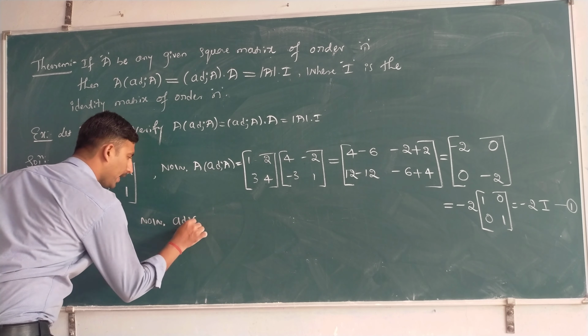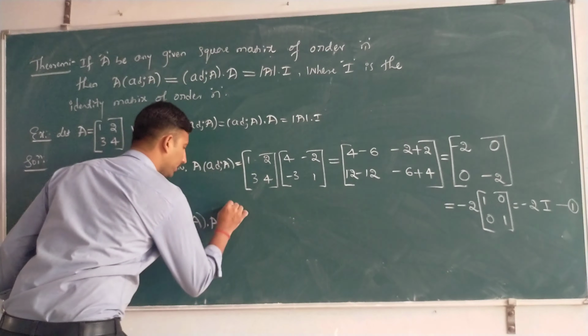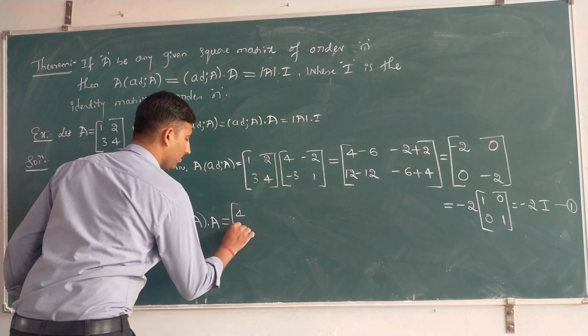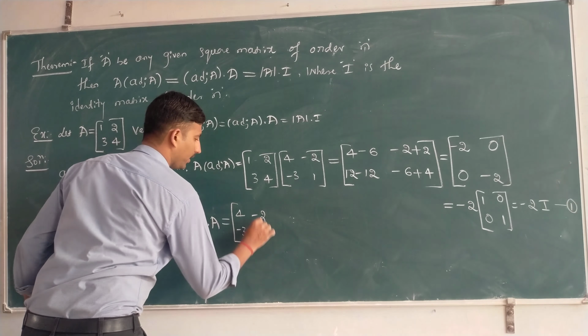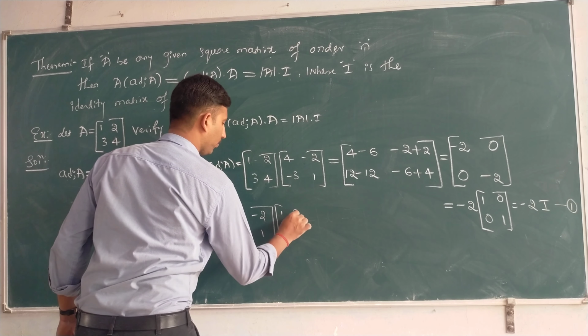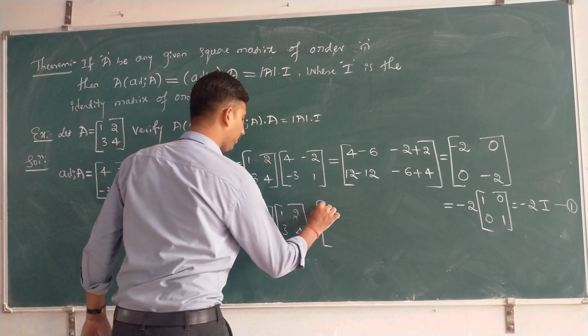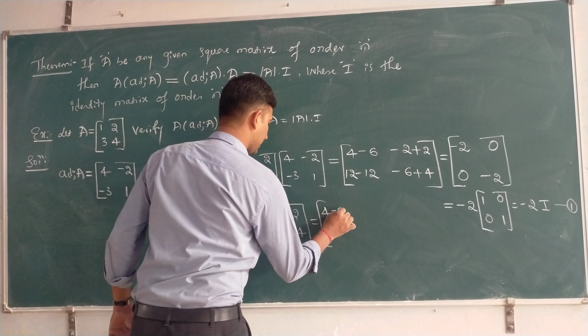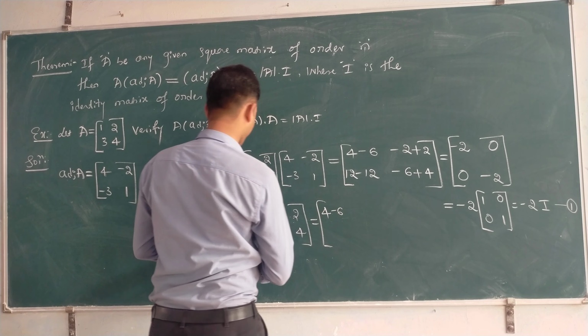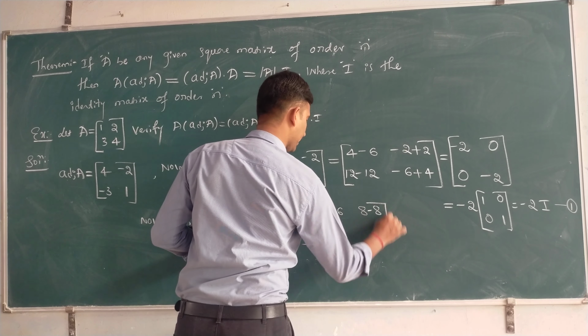Now adjoint of capital A into capital A, which is equal to adjoint of A, nothing but 4, minus 3, minus 2, 1, into A, 1, 3, 2, 4, which is nothing but 4 into 1 is 4, minus 6. 4 into 2 is 8, minus 8.